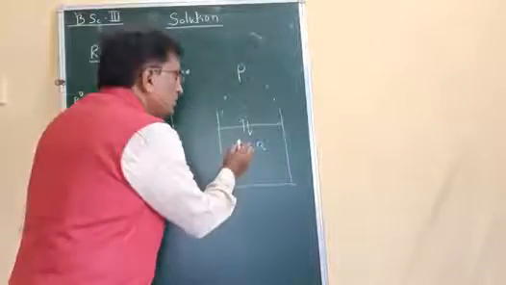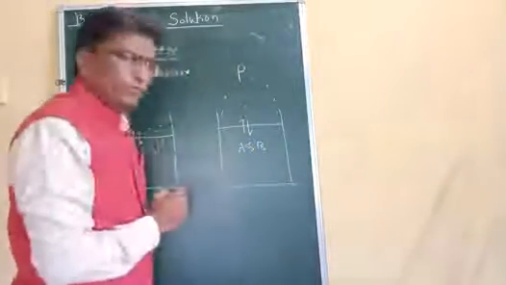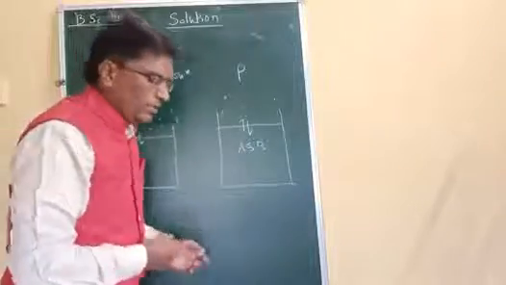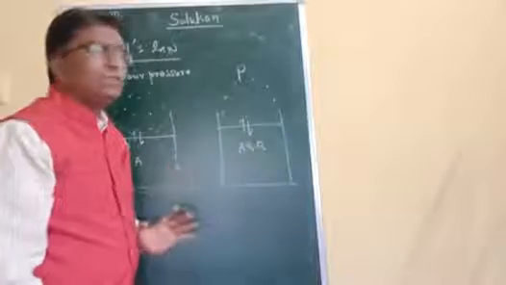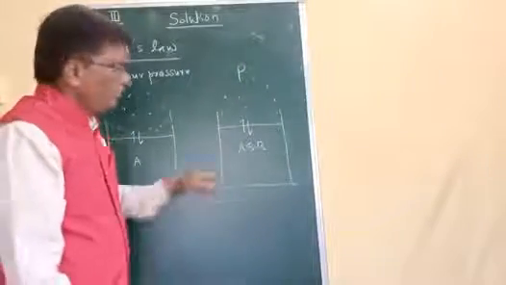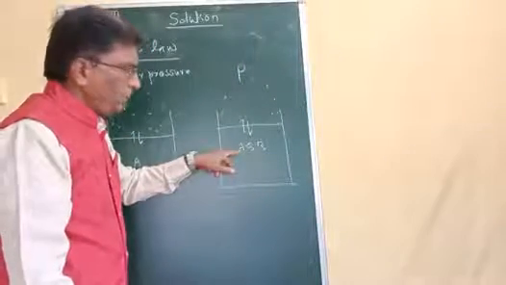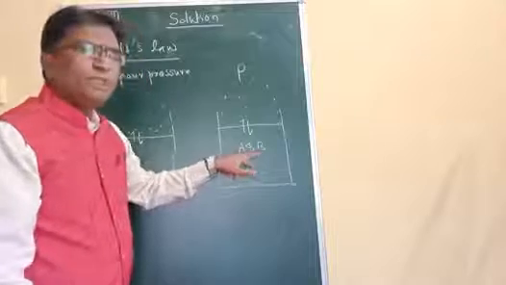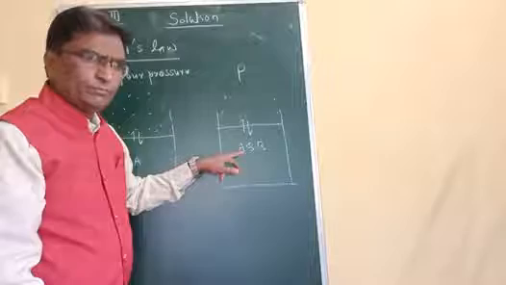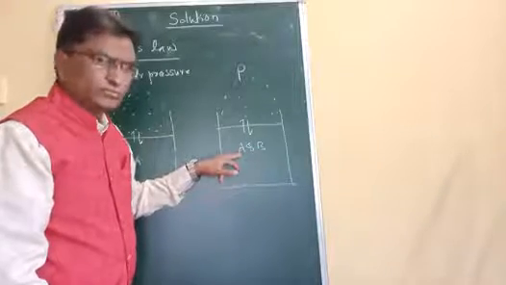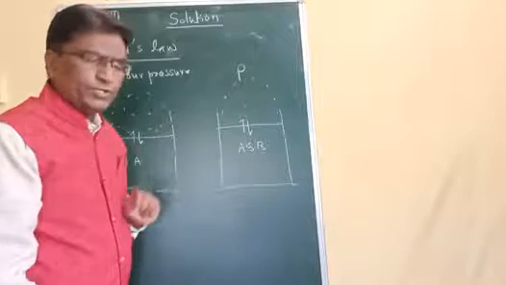Now what is the vapor pressure of A, what is the vapor pressure of B, we cannot determine with the help of experiment, that means with the help of the method. Because if you want to determine the vapor pressure of A, then we have to isolate A first. That means we have to make partiality with any one of the components in order to determine the vapor pressure of that component.